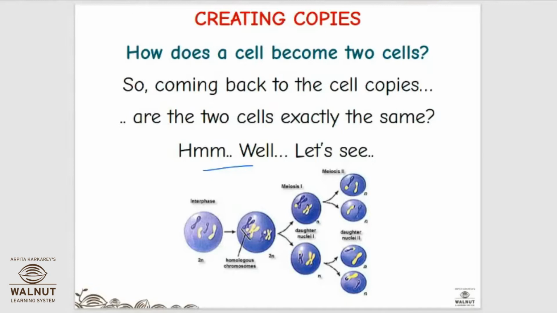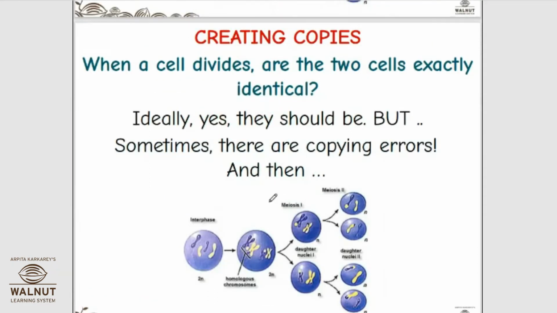So what is this, that we are not the same? Here the actual term comes, that is variation. Variation means change. A change in the DNA sequence takes place here. So ideally the answer is yes, but what is the reason? There are copying errors. Errors mean that when DNA copying takes place, there are some changes in the sequence of the DNA.